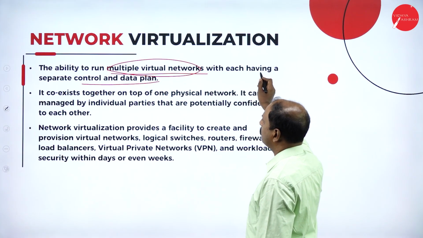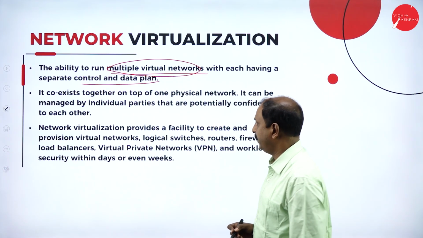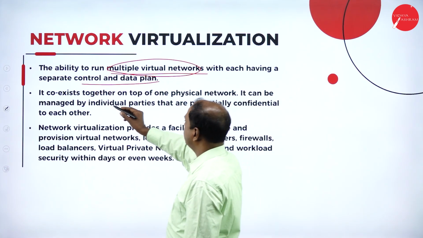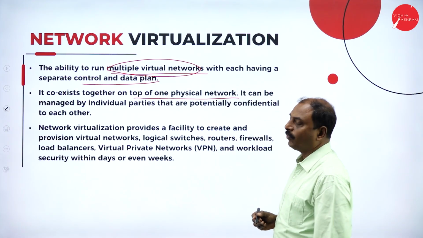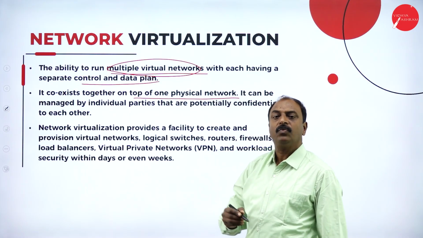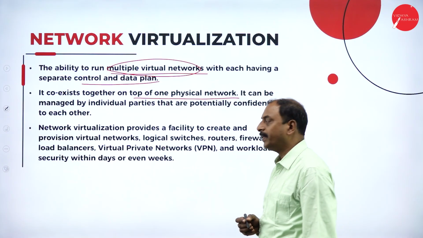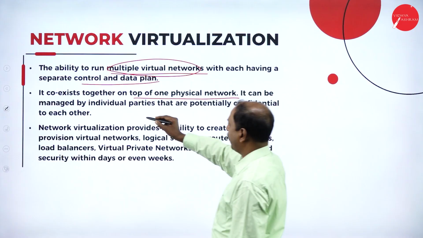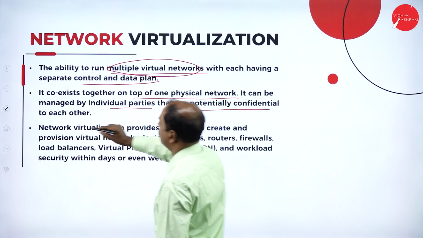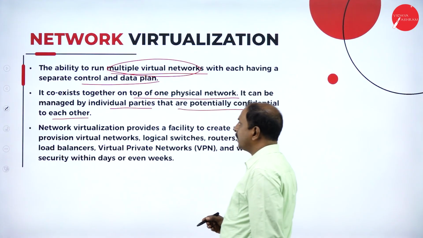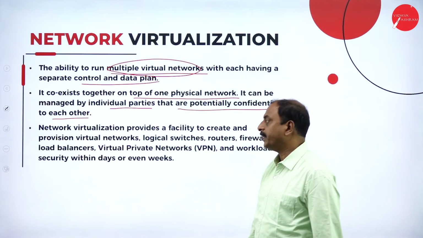Each network will have a separate control and a separate data plane. They coexist together on top of the one physical network, which can be virtualized into multiple virtual network environments. It can be managed by individual parties that are potentially confidential to each other, so each virtual network can be managed independently.